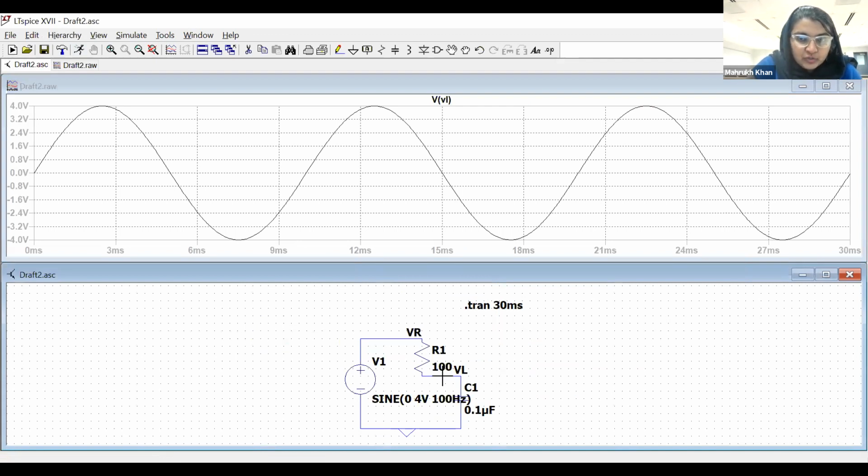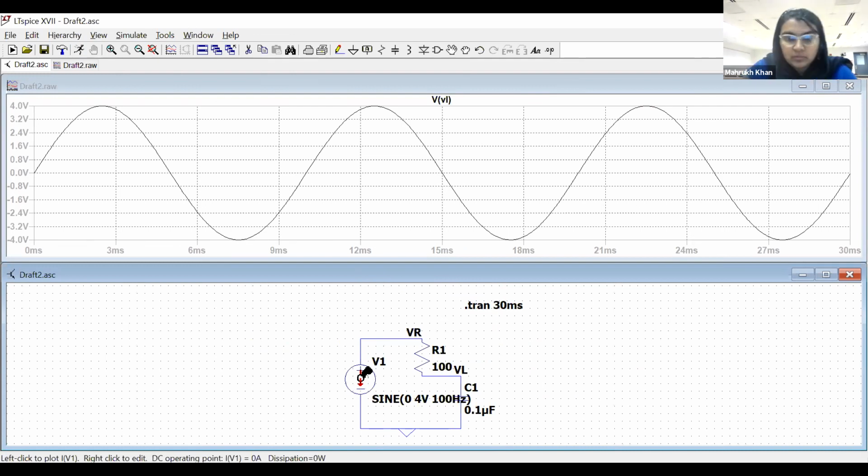Okay, so this is 4 volts peak to peak. No, it's 8 volt peak to peak. You know what I'm saying? Yeah, it's 8 volt peak to peak.